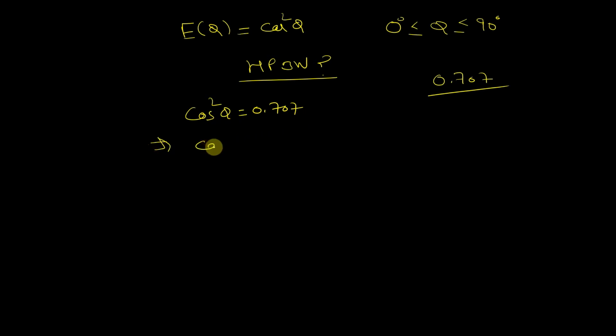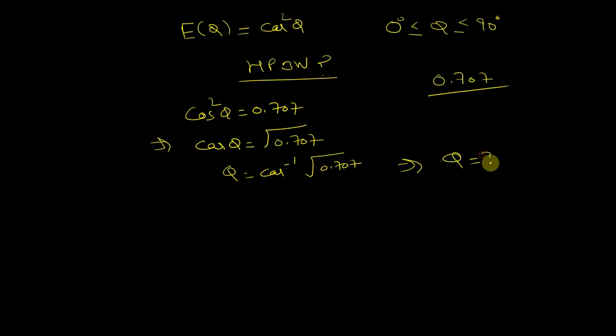It implies that cos theta is equal to under root 0.707. If we solve it, theta is equal to cos inverse under root 0.707. We solve it, you will get theta approximately 33 degree.